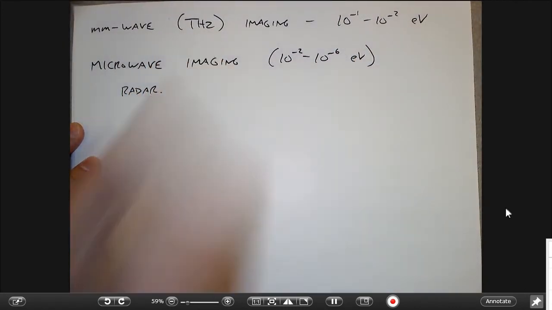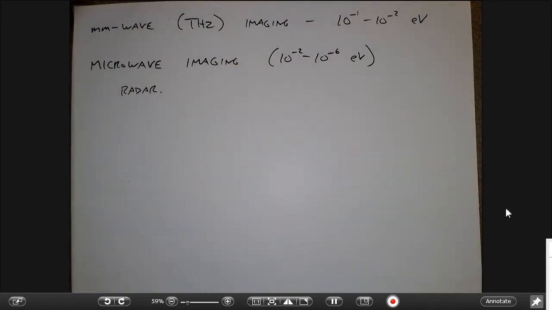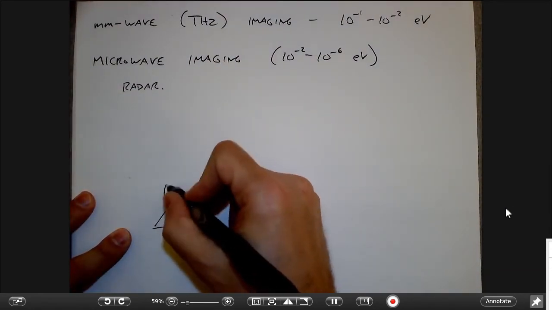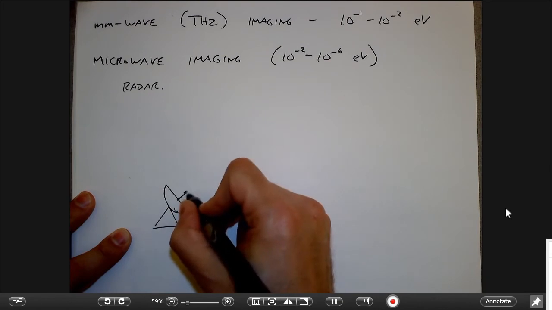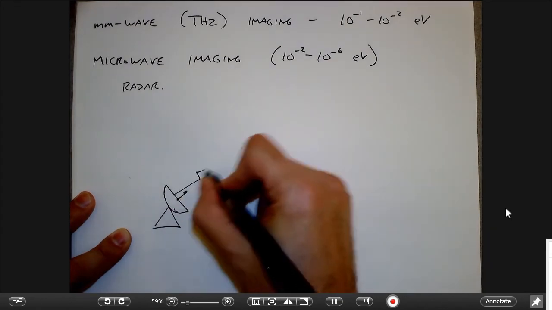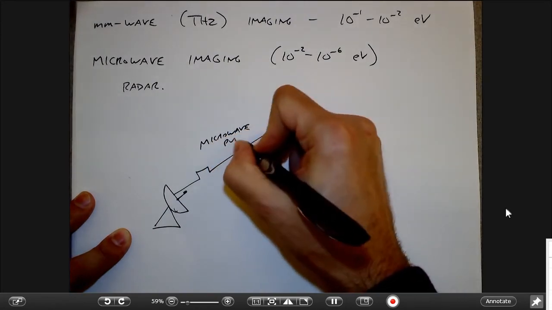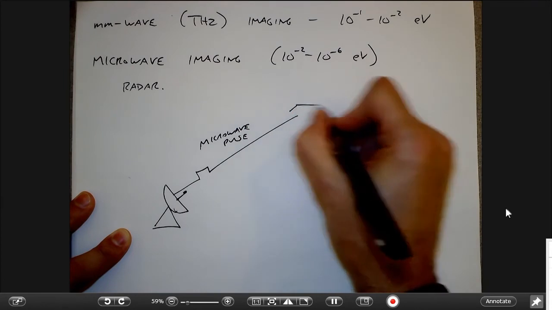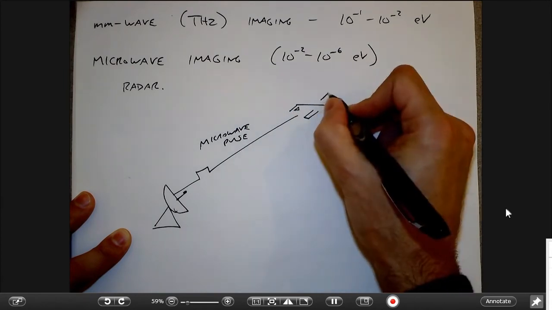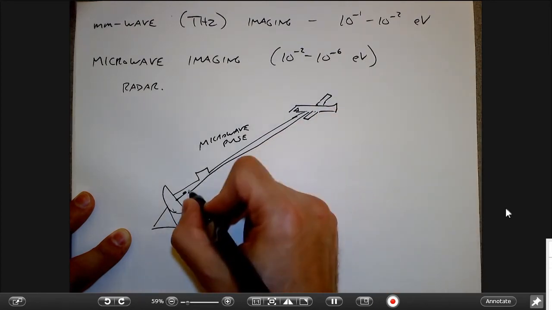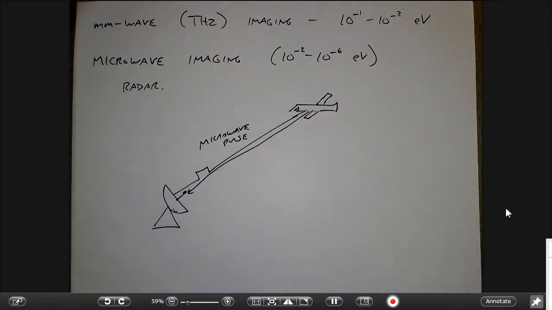Again, here's a case where there's not really so much of an image per se, but what you're doing is you have some sort of emitter that is sending out a microwave pulse, and it hits an object. This is like a really crappy airplane, but all right. So it hits the object, and then based on whether something returns and the time delay of the return, you can infer what's out there in the sky.